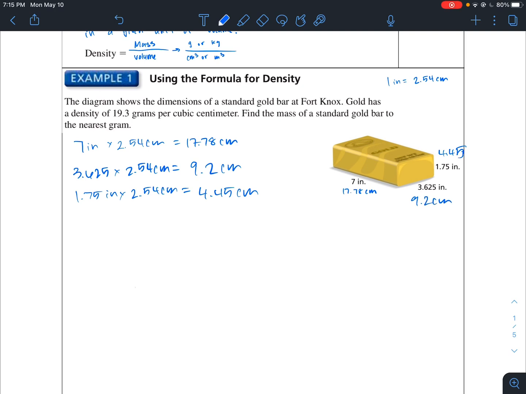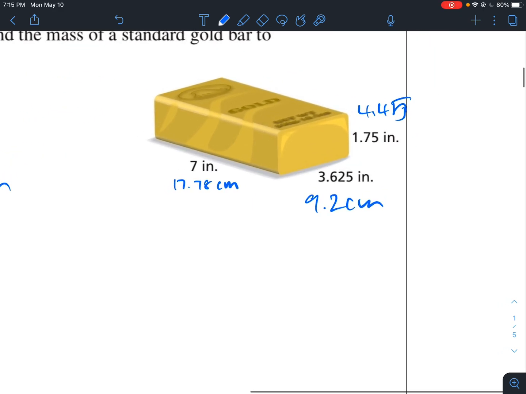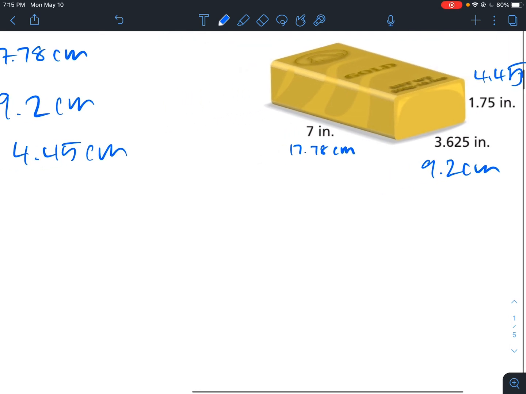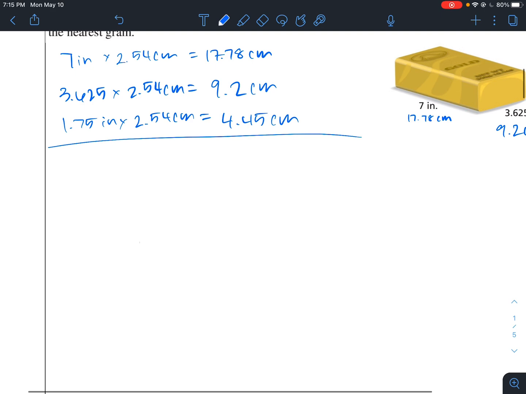Now that we have this all in centimeters, let's find the volume. To find the volume, we just need to multiply the length times the width times the height of this gold bar. So multiply all three dimensions together: 17.78 times 9.2 times 4.45.